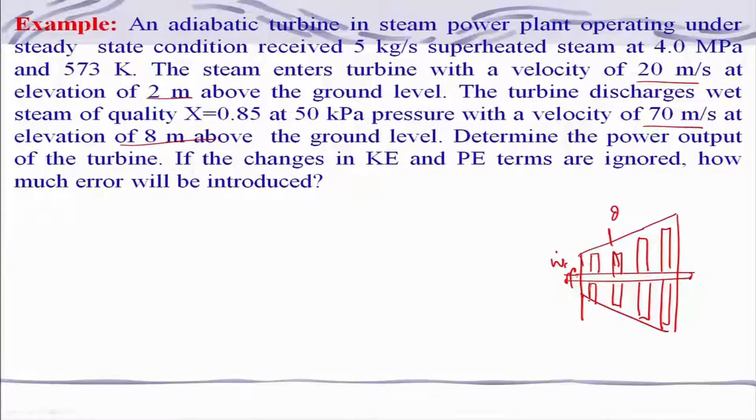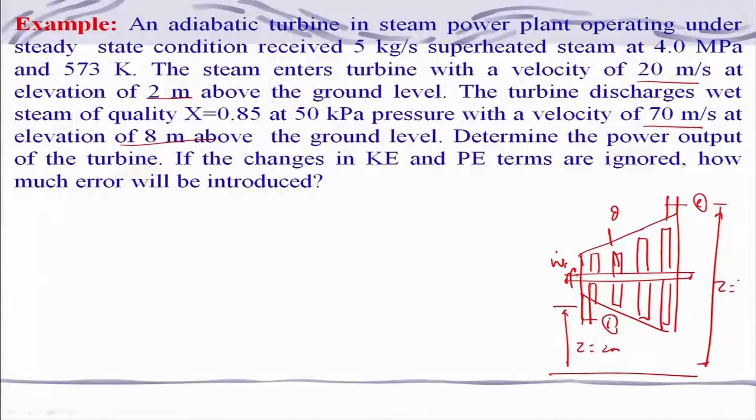There is an inlet here, and from the elevation, if I take, Z is equal to 2 meter at the inlet. This is my inlet, and there is an exit. And what is the exit?